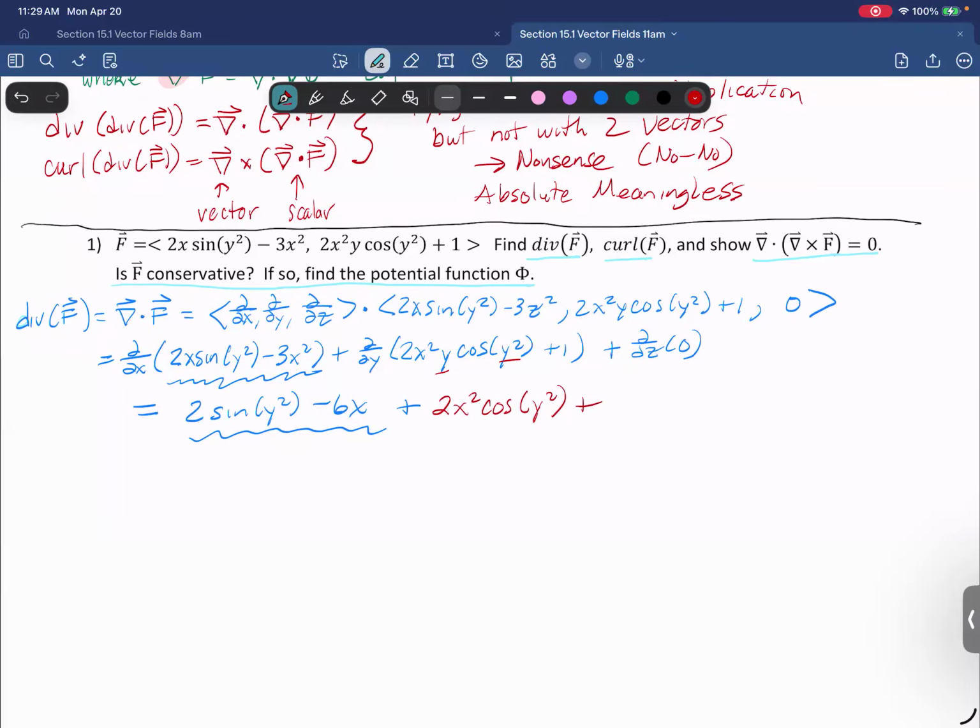And then if I take the derivative of cosine y squared, it'll be negative sine y squared, and then times the derivative of the inside, 2y, is going to give me a minus 4x squared y squared sine y squared. And that's divergence of f. We'll talk more about what divergence means on the next problem.